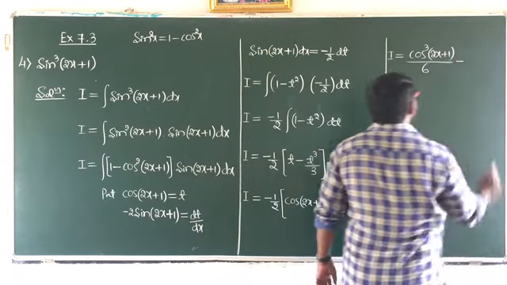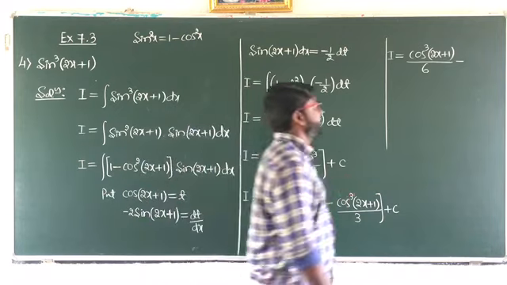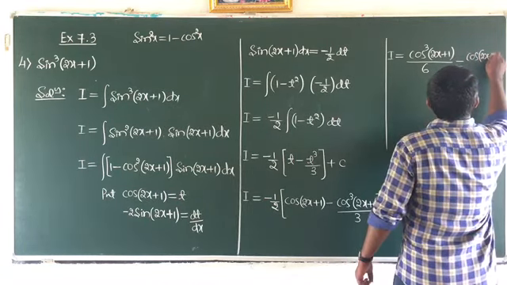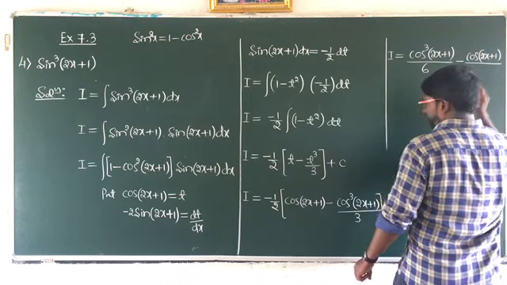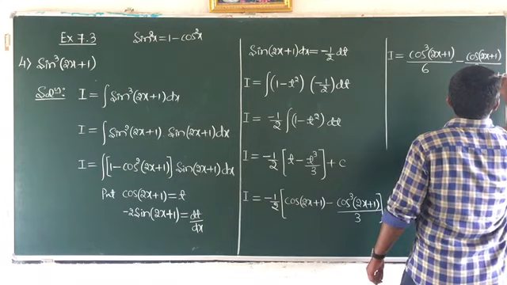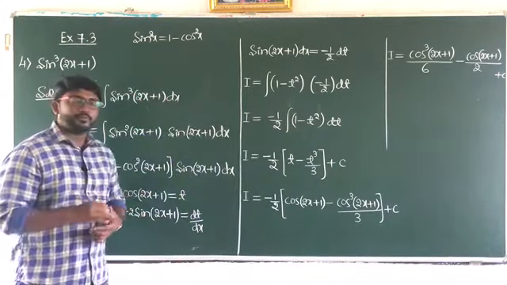Then now I write the negative term, it is minus cos 2x plus 1 divided by 2, so plus c I write here. So this is the final answer for the fourth problem.